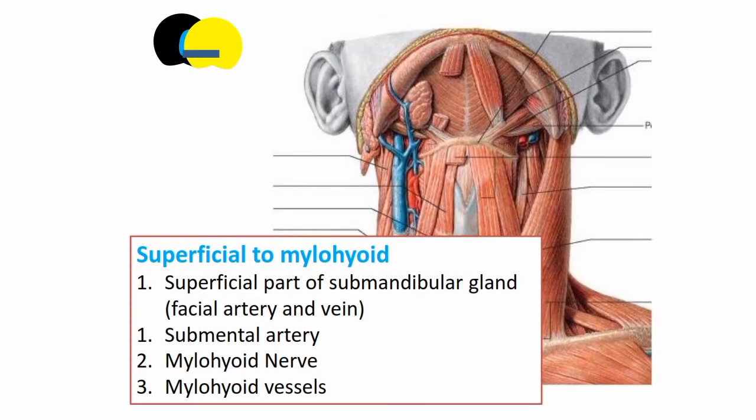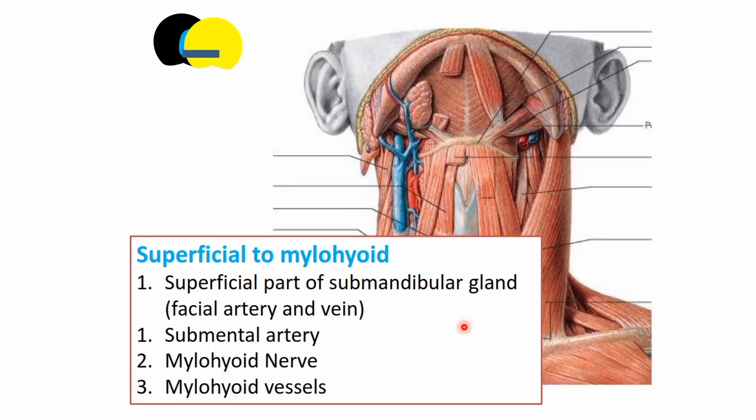Then, as I told you earlier, some contents are present superficial to the mylohyoid and superficial to the hyoglossus, and the posterior part is present behind the mylohyoid and behind the hyoglossus. Let us see the structures present superficial to the mylohyoid. Superficial to the mylohyoid, we can identify the superficial part of the submandibular salivary gland.